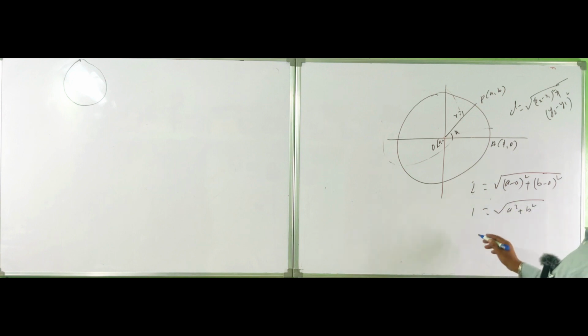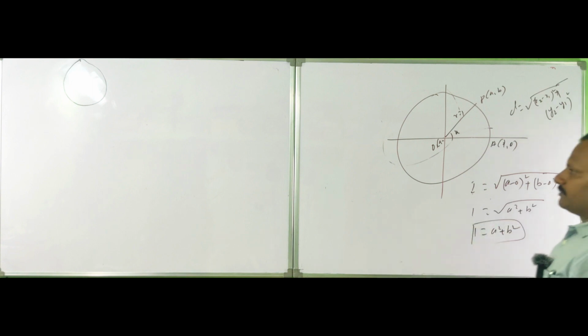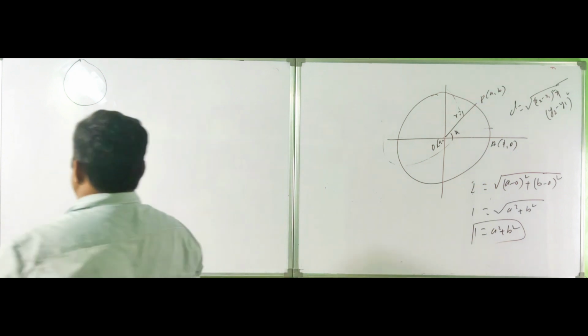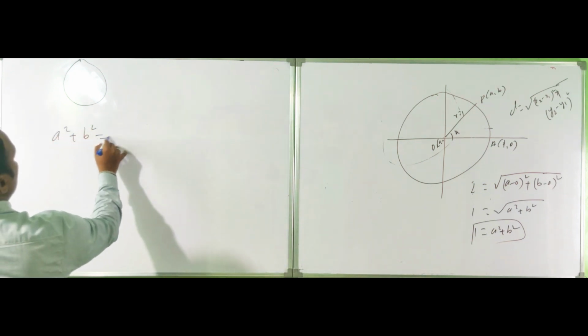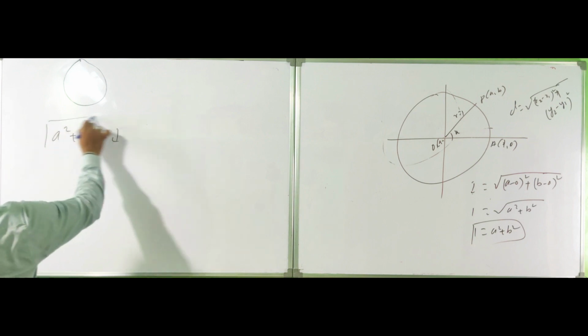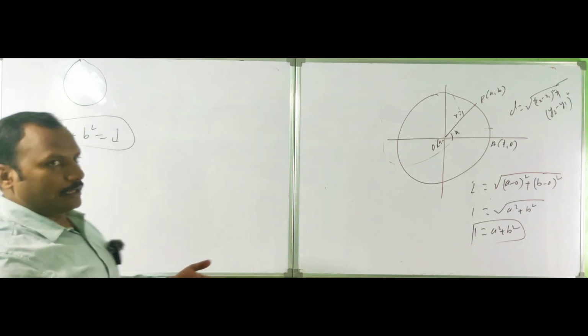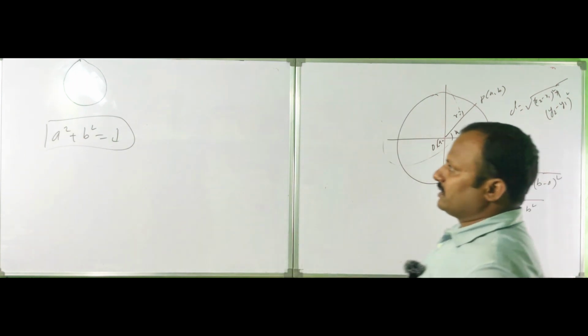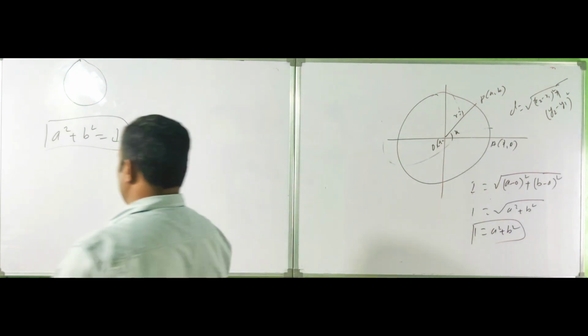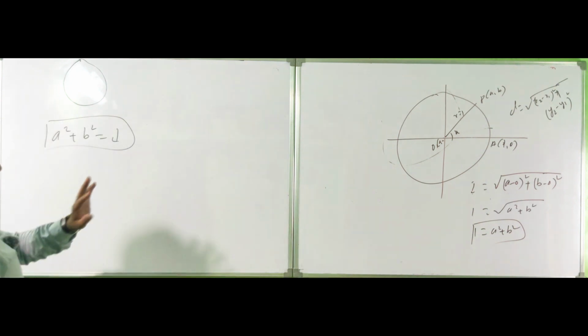Squaring both sides, 1 equals a square plus b square. This is called the Pythagorean theorem in the trigonometric or circular functions.